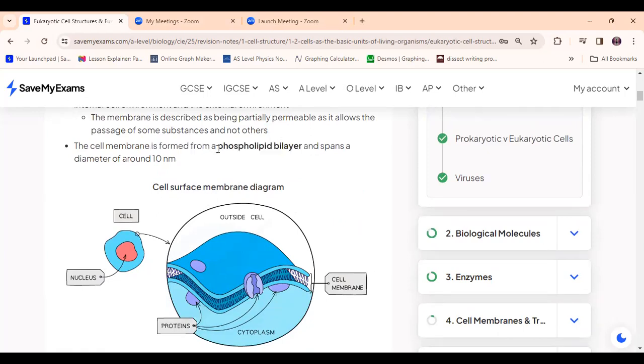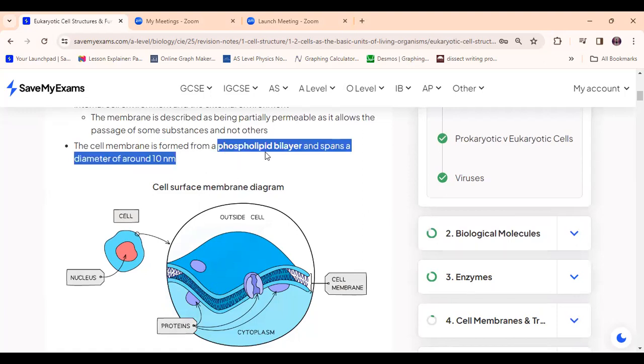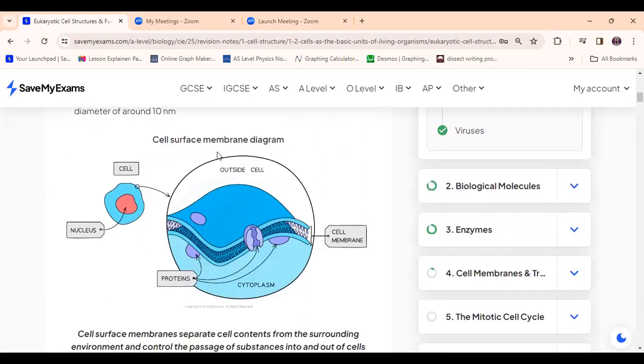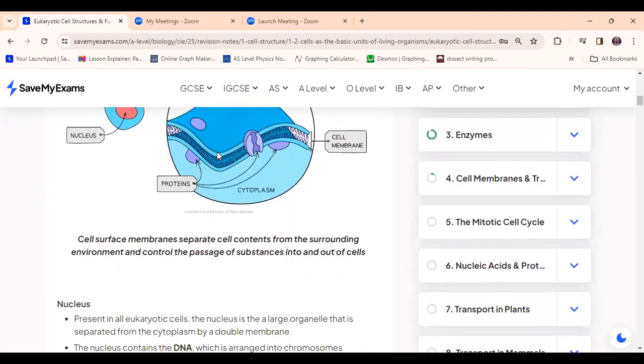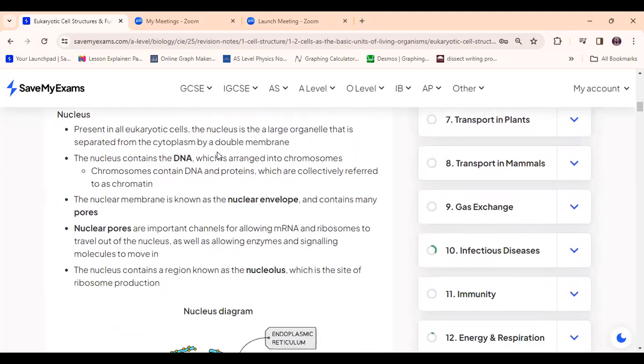A phospholipid is a type of lipid molecule, and a lot of those phospholipids line up to form a layer, a sort of queue, and then you've got two layers like this, which is why we call it a phospholipid bilayer. It spans a diameter of about 10 nanometers.